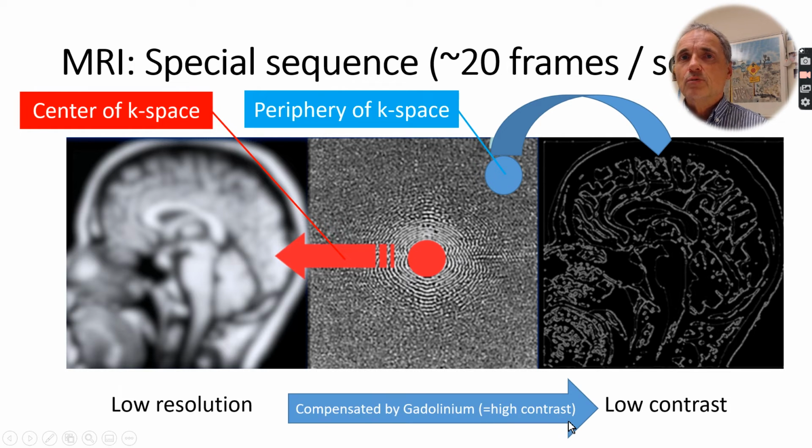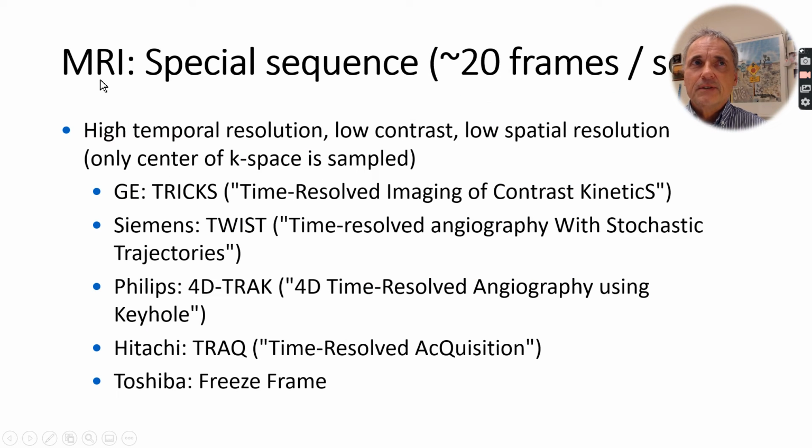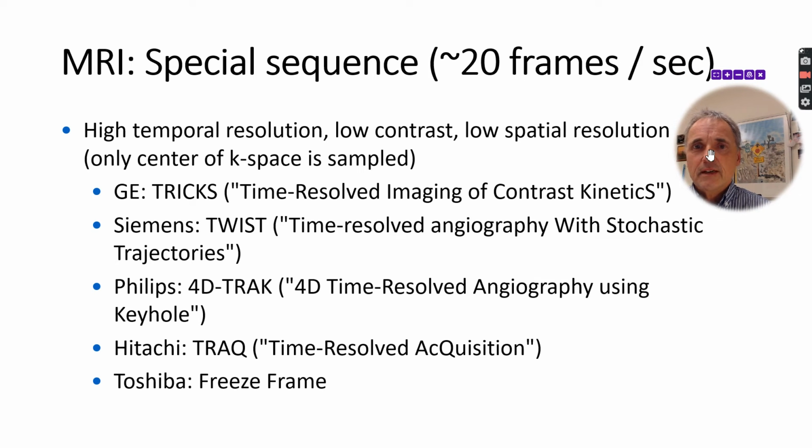However, in case of gadolinium enhanced angiography, we have an intrinsic high contrast, so we can live with low contrast due to the portion of the K-space scanning. The sequence is very fast, 20 frames per second, and they are combined to a maximum intensity projection.